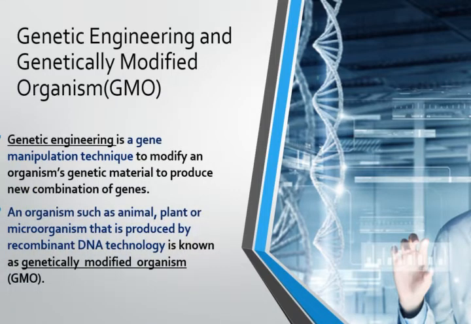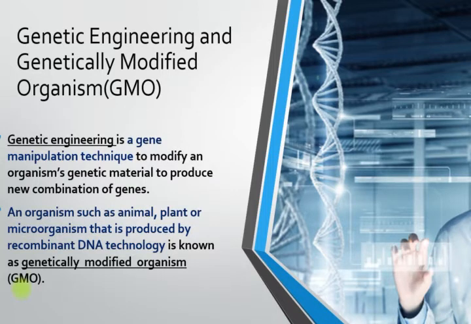Right, so what is a genetically modified organism? It is an organism such as an animal, plant or microorganism that is produced by recombinant DNA technology, known as a genetically modified organism or GMO.